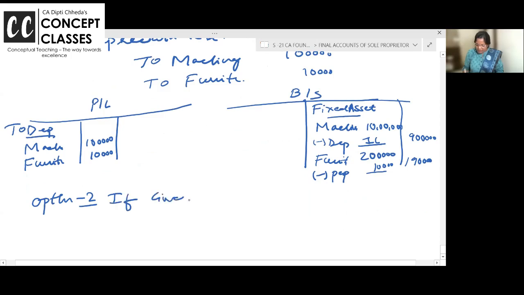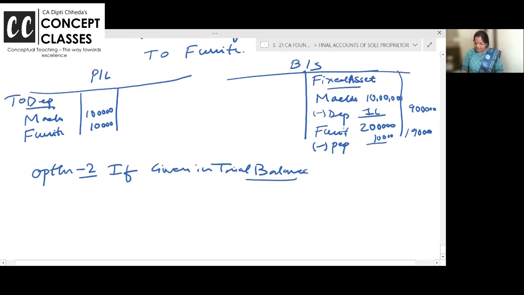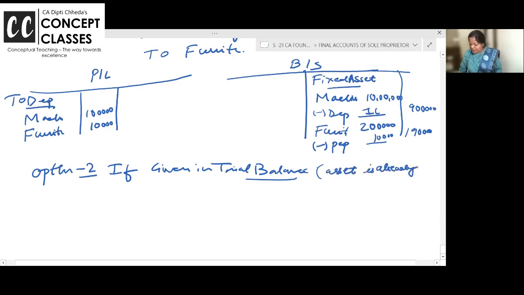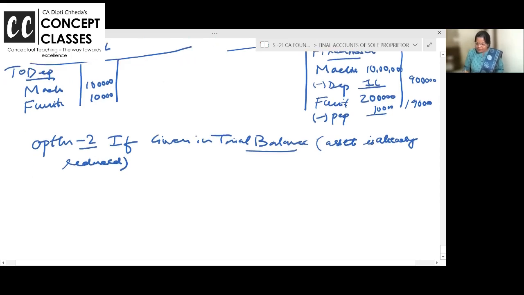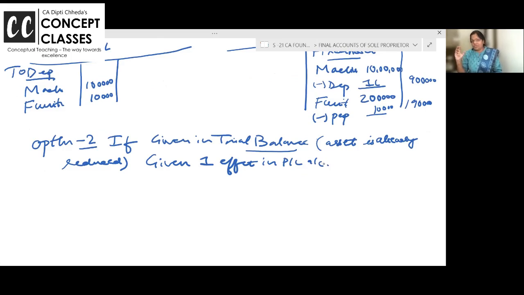If given in the trial balance, so depreciation to asset is already passed, asset is already reduced. You can write this dialogue: asset is already reduced. Give only one effect in the P&L account.